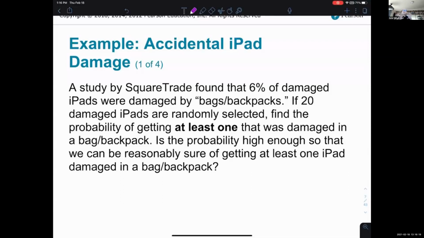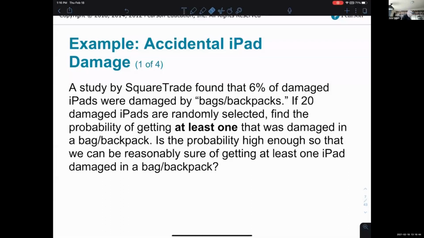Trying to figure out all those probabilities and total them all up is much more work, because the probability of at least one is 1 minus the probability that none of them were damaged that way. And that's a much easier thing to calculate.